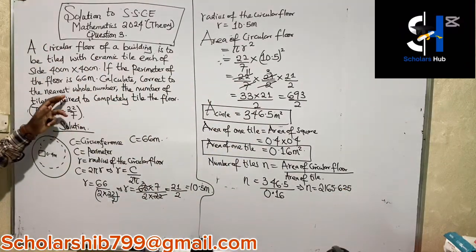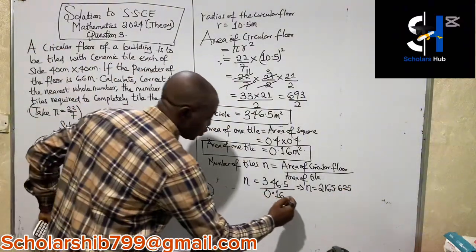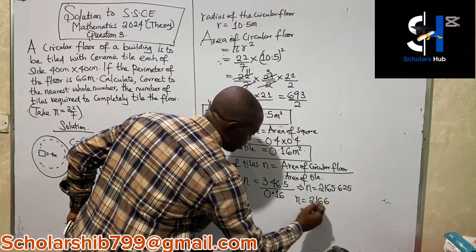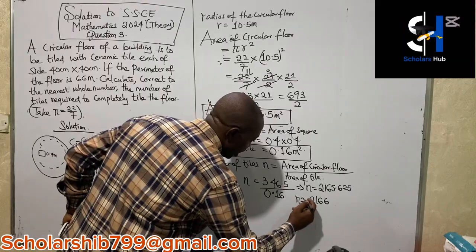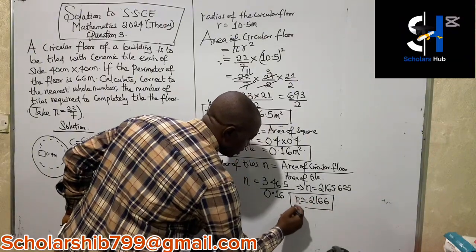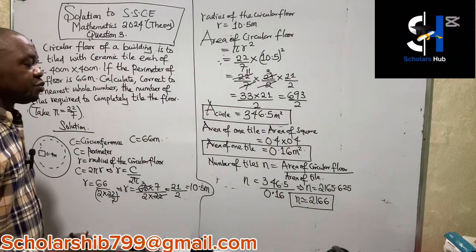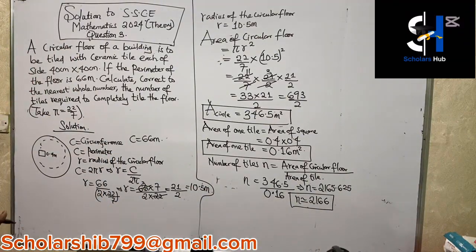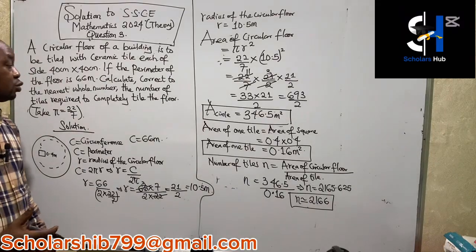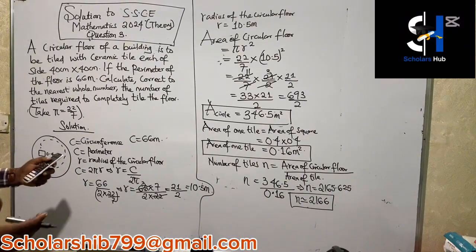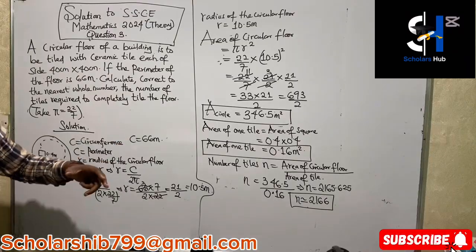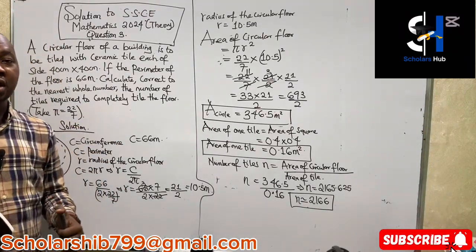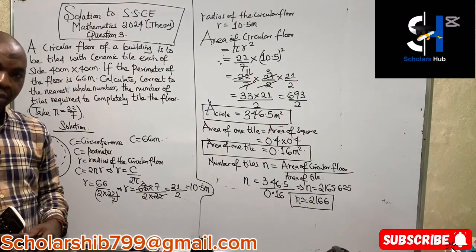Remember, correct to the nearest whole number, so n will be approximately 2166. Which means the number of tiles required to completely tile the floor is 2166, to the nearest whole number.